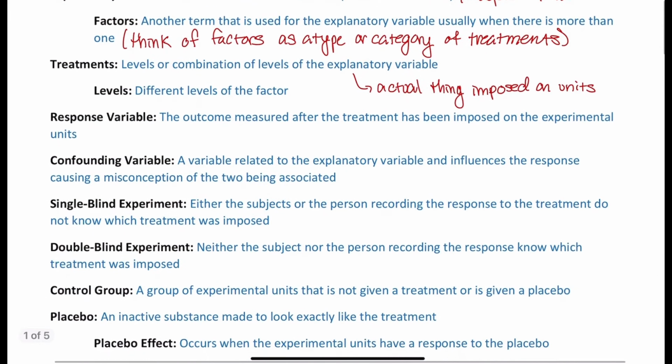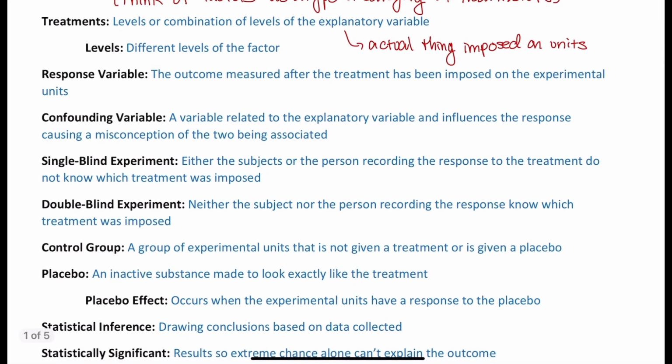We have our response variable, so this is the outcome that's going to be measured after the treatment has been imposed. And then we have the confounding variables. So the definition here says it's a variable related to explanatory and influences the response, causing a misconception.